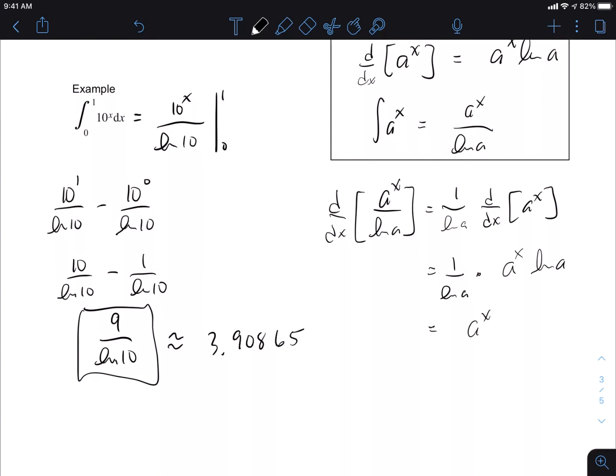If I make my float more, you can see I get even more decimals. ln of 10 is not a rational number, so it's an approximation. Typically we want to be as precise and accurate as possible, so 9 over ln of 10 is way more precise than 3.90865 whatever. You know what I mean? So it isn't that I'm not evaluating, I'm just trying to be as precise as I can.